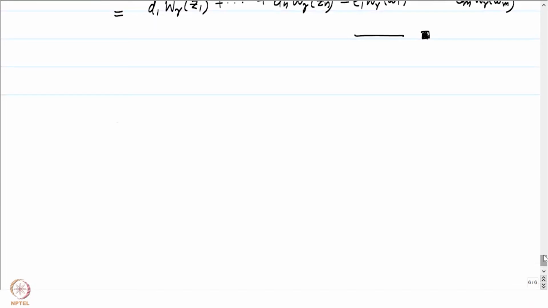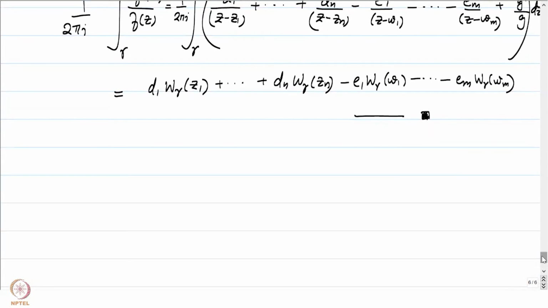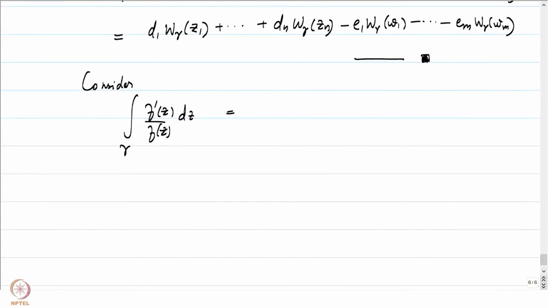Now, if we explore the left hand side, the integral of the log derivative of f over gamma, one can check that this is equal to the integral of f prime of gamma of t.